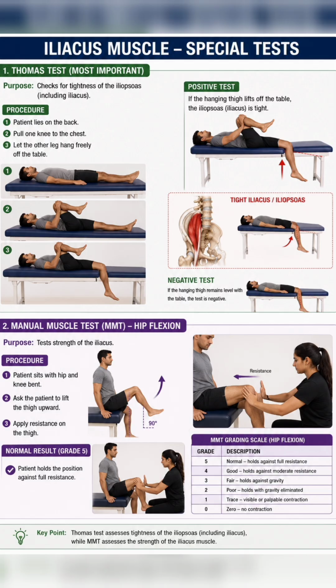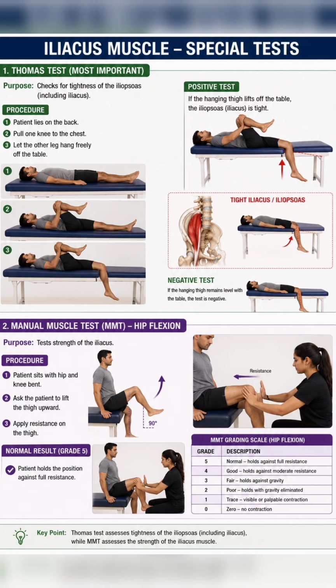The second test is manual muscle testing. We are testing it by checking the strength of the hip flexion. Ask the patient to sit at the edge of the examination table with the hips and the knees bent to 90 degrees. Stabilize the patient's pelvis with one hand and prevent unwanted movement. Now ask the patient, lift your thigh up, don't let me push it down.